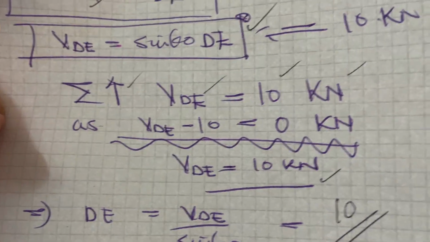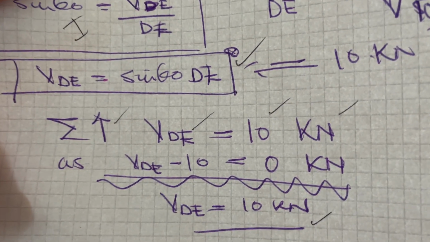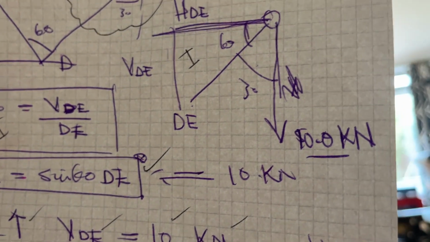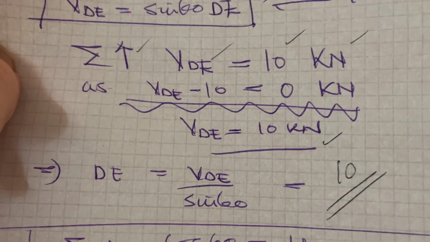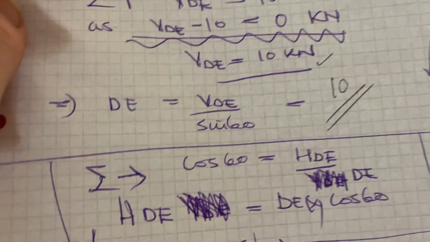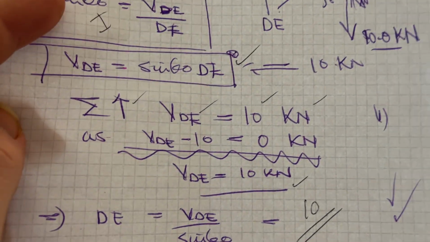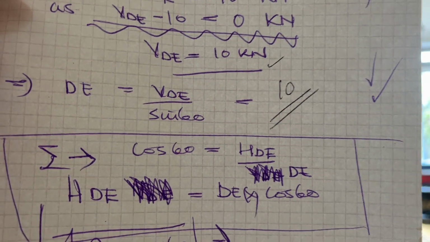Therefore VDE is 10 kilonewtons because of the vertical equilibrium: VDE minus 10 equals 0, so VDE equals 10. DE equals VDE over sine 60.